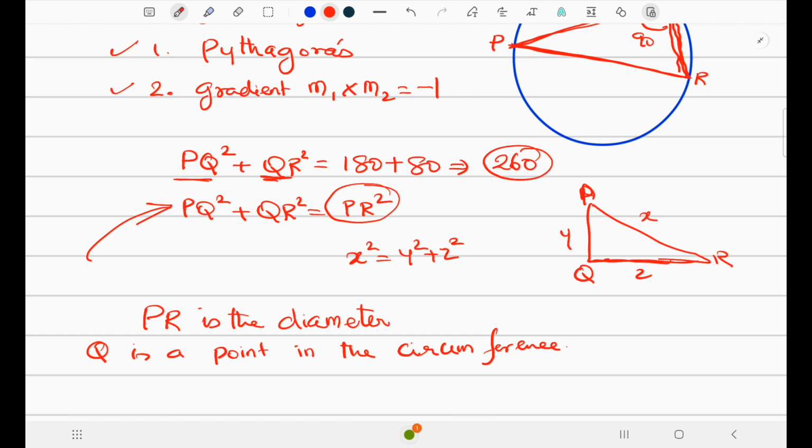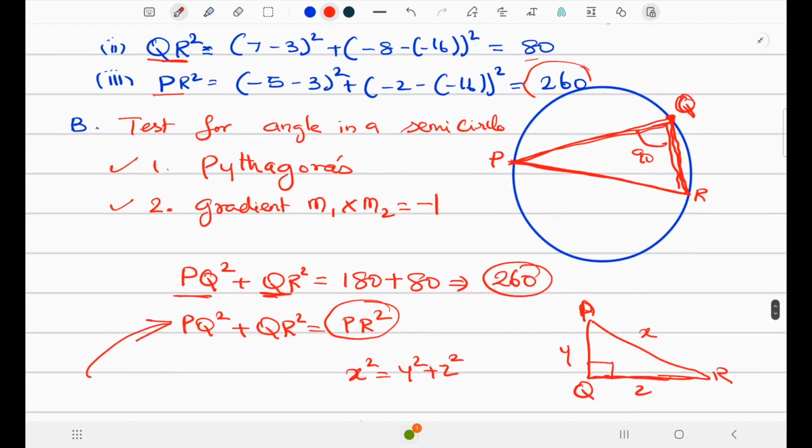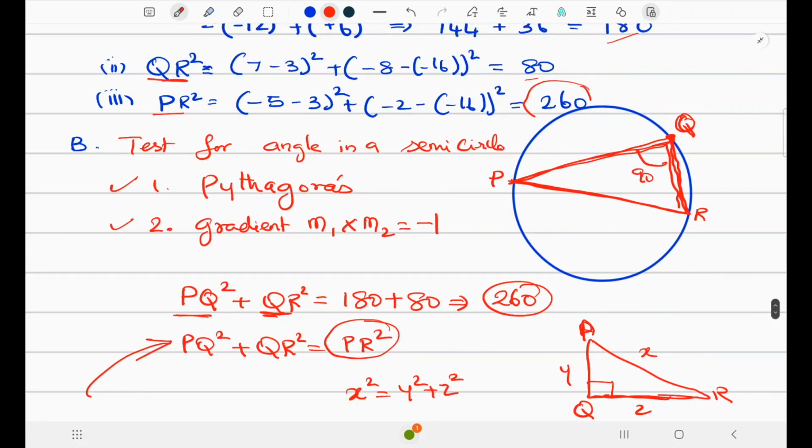Triangle PQR obeys Pythagoras theorem and is a right angle triangle. PR is the longest side, so it is the hypotenuse of the triangle.